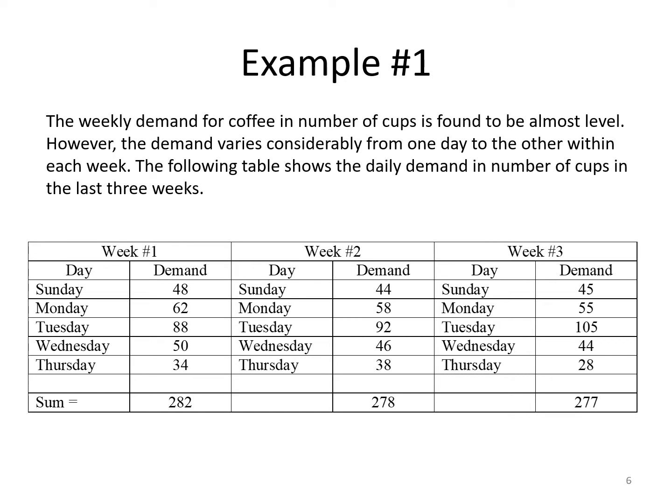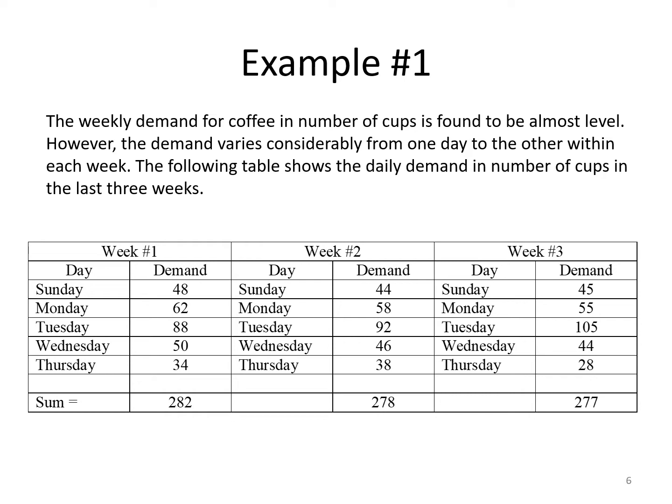So imagine that we have a coffee vending machine inside the Faculty of Engineering of Cairo University, and we would like, of course, to manage the quantities that should be supplied to these machines. So we would like to have a look at how the demand changes over time. So as you can see here, we have the demand data for 3 weeks. And of course, we have the number of cups of coffee consumed for each day in the week.